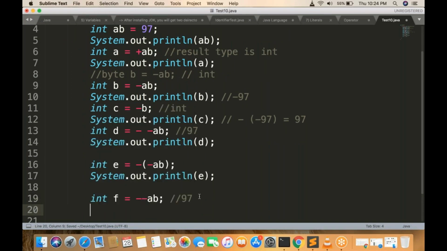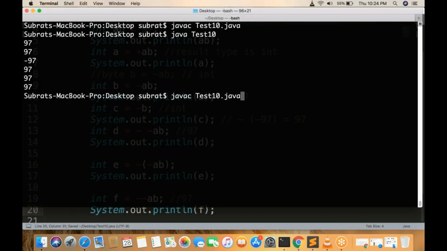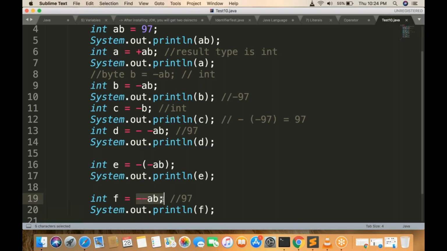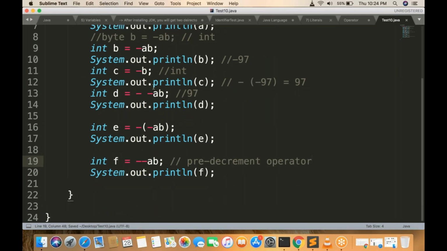97. Okay, no, let me just print it here. How come it is 97? Because I haven't printed. It is not 97, it is 96. Why? Because it's a pre-decrement operator, which we will discuss later. But be careful, that's why you got confused here.